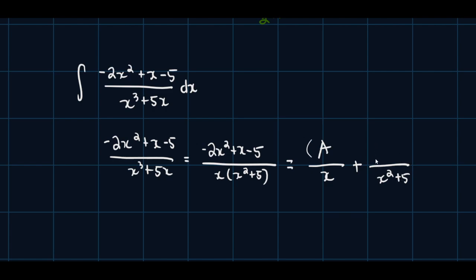And that happens kapag yung degree ng nasa taas ay mas maliit kaysa do sa degree ng nasa baba. Now, yung degree ng x ay just 1. So, yung numerator ay degree 0. No? If it's degree 0, it's x raised to 0. So, technically, kaya hindi na natin sinusulat yung x variable.